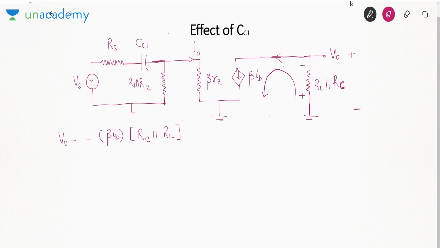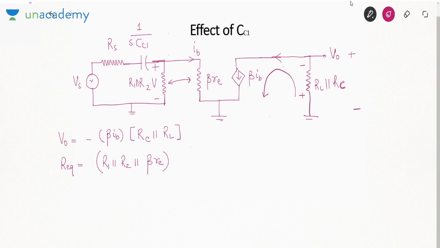Now we need IB in order to find the voltage gain. How to find IB? These two resistances are in parallel first of all, and this capacitance can be replaced by 1 by SC. So I'll first say R equivalent is R1 parallel R2 parallel beta RE. Then what I'll do is I'll apply voltage division.